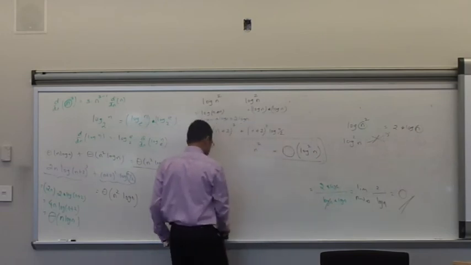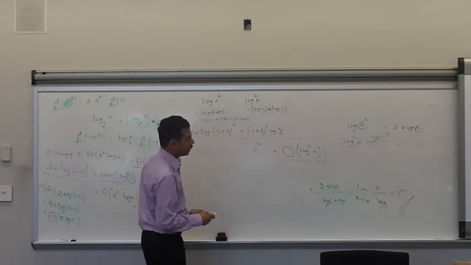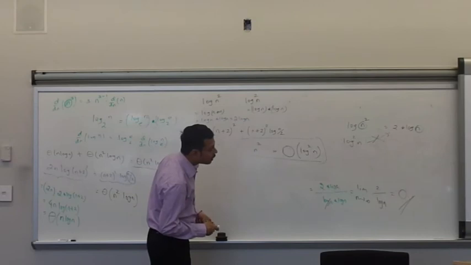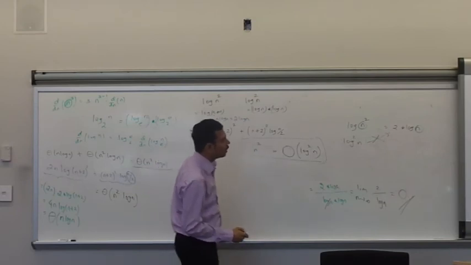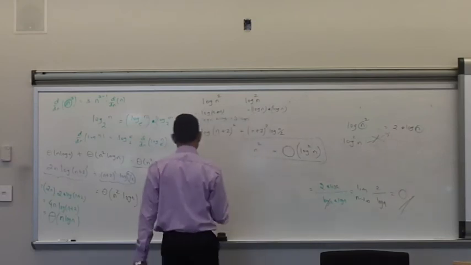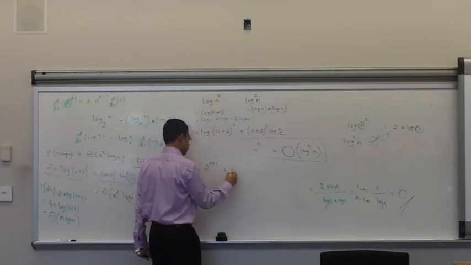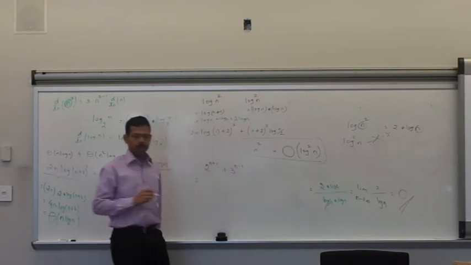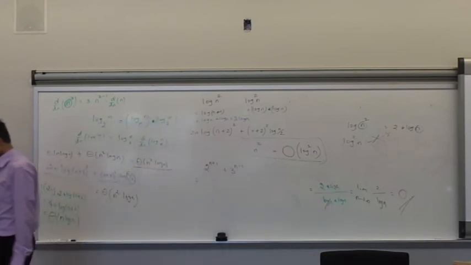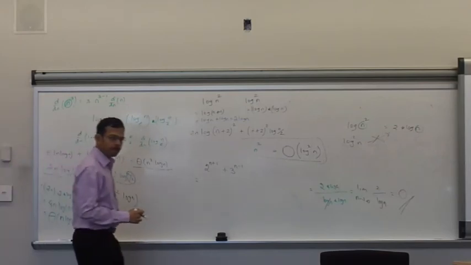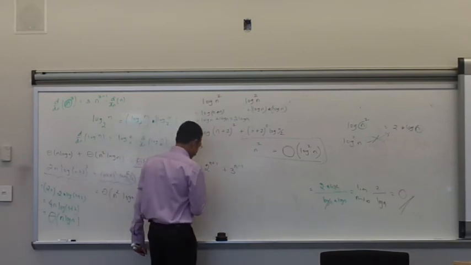Then we have the other one, which is 2 to the power n plus 1 and 3 to the power n minus 1. How do you find this out? N is an exponent, right?